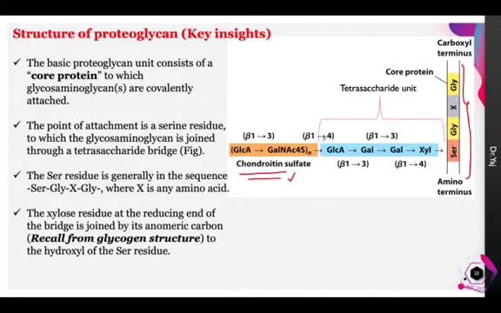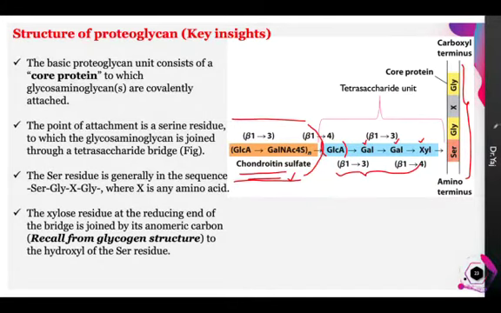This chondroitin sulfate is bound to the core protein through a tetrasaccharide bridge. So these are the individual monosaccharides. So 1, 2, 3, and 4. So there is a tetrasaccharide bridge that is linking chondroitin sulfate, which is a glycosaminoglycan that we looked at in lecture 2, which is bound to a core protein.